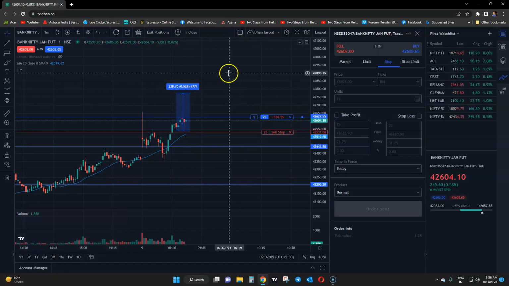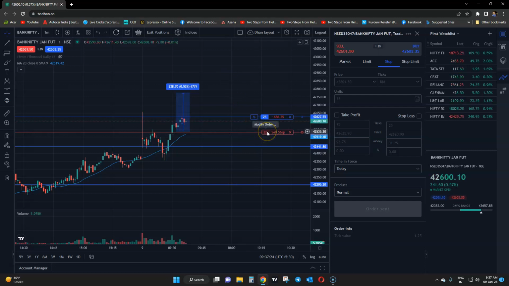Then trail stop as it goes up. With a limited amount of certainty, you can say that it would go up.